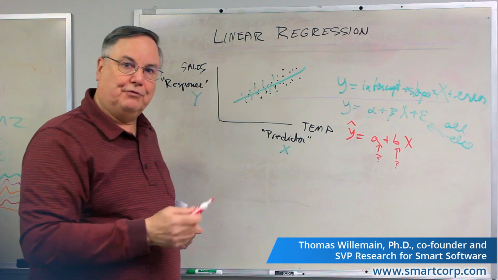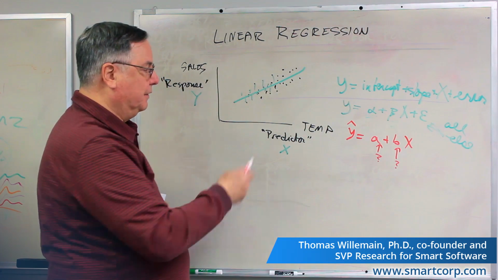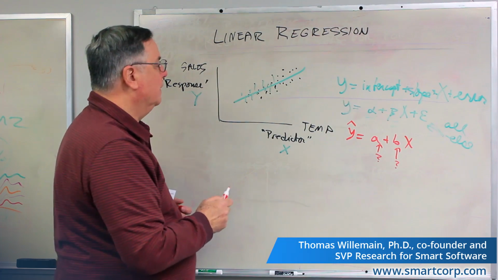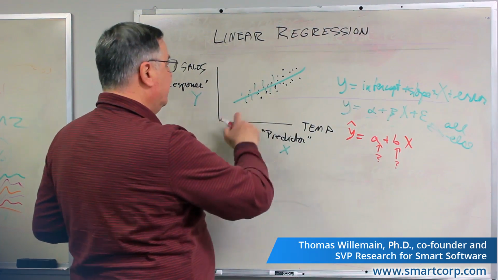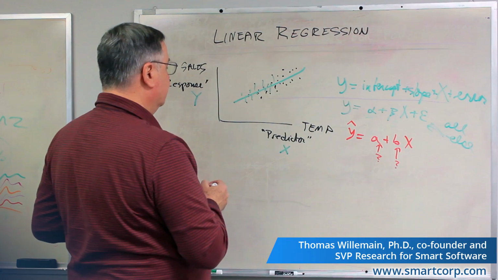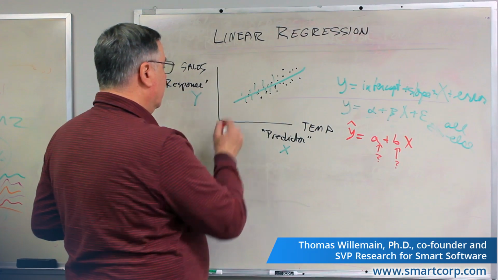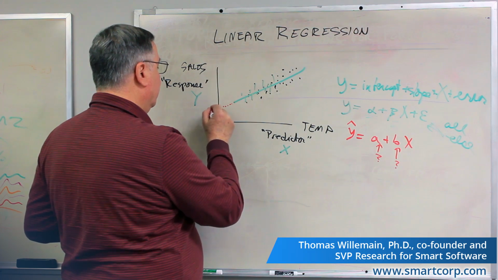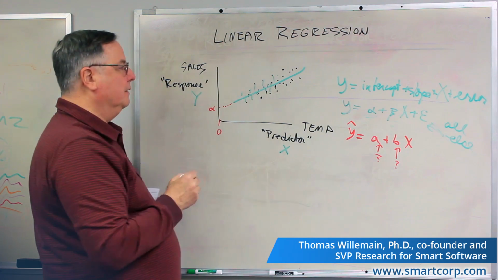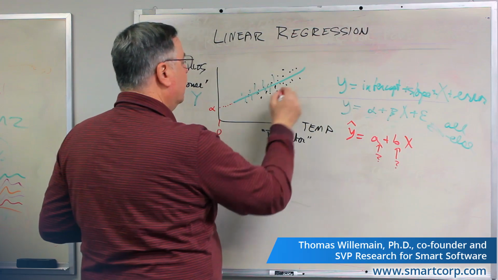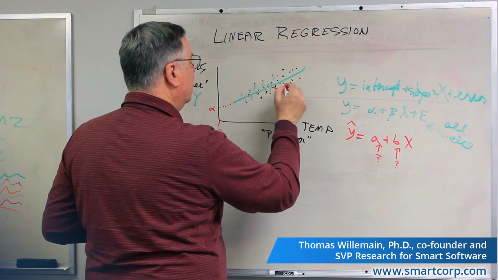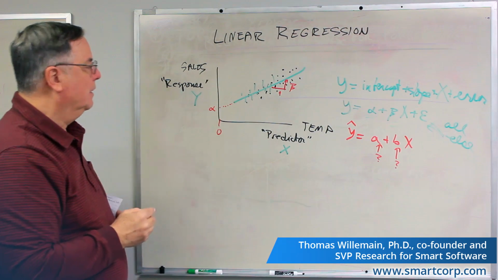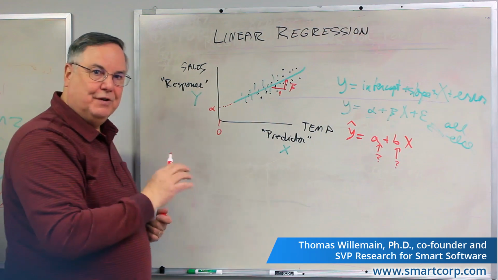The computer, of course, will do that heavy lifting to calculate a and b, but the principle is very simple. If there's a particular intercept and slope here, if we extended this back to where the temperature is 0, this would be the alpha, and if we go up by 1 unit in temperature, the slope would be beta. So that's what they mean visually.